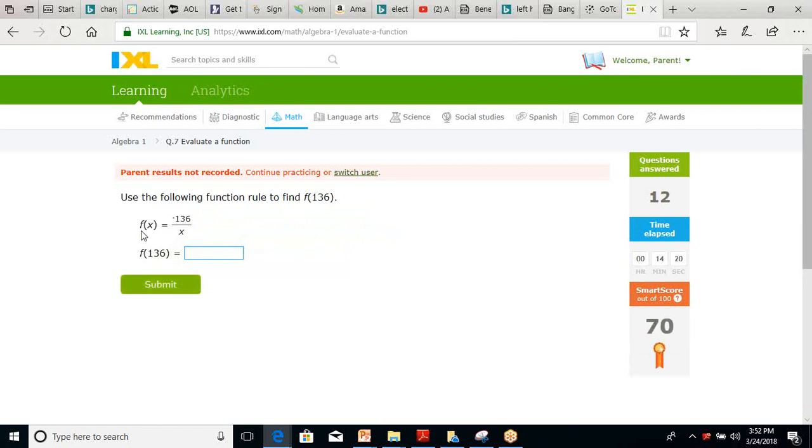Okay, similarly, the function rule is f(x) equal to minus 136 divided by x. So y is going to vary with x. This is how it's going to vary with x. If x is 136, then you substitute it in the equation. So you're going to get minus 136 divided by 136, which is minus 1.